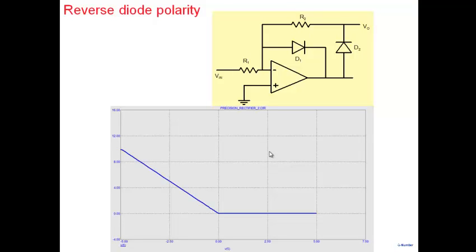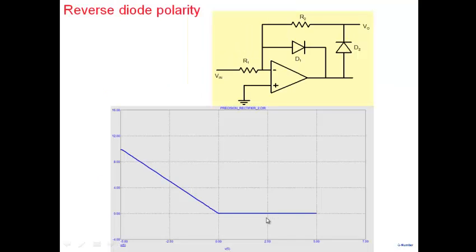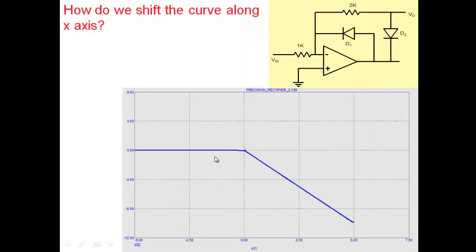Of course before we do that, we note that we got this characteristics, and if we reverse the polarities of the diodes D1 and D2, we can get the complementary characteristics, where V0 is 0 for positive Vin, and then for negative Vin, it follows the Vin with a certain slope here. Alright, so that's easy to get.